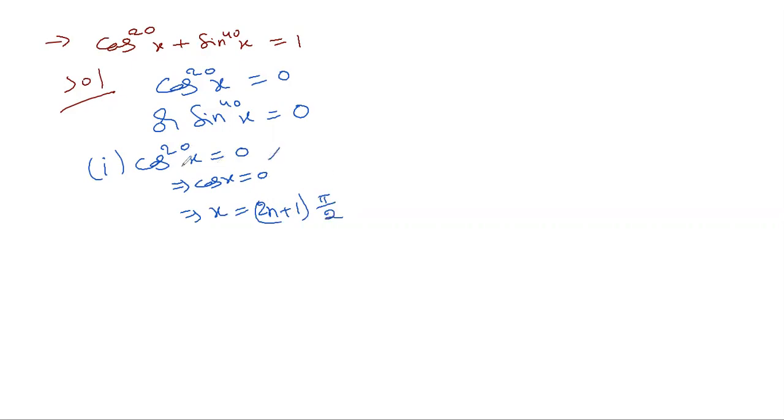Here you can see whenever cos x equals 0, then sin x will be plus or minus 1. That implies sin^40 x will be exactly 1. So 1 plus 0 will be 1. So the equation will be satisfied.